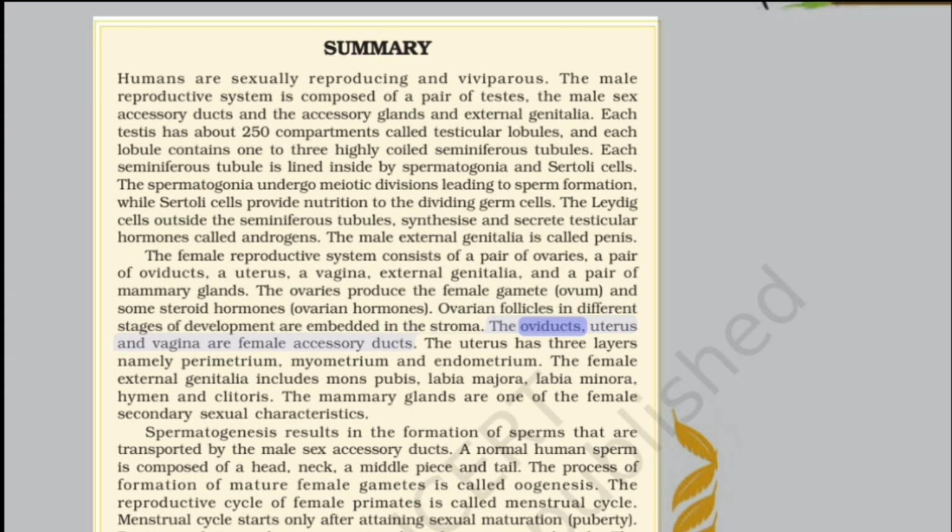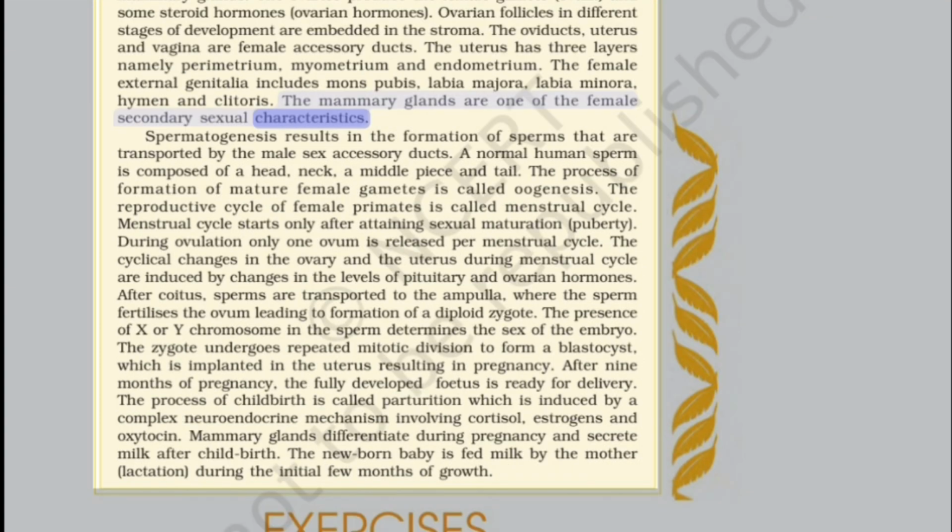The oviducts, uterus, and vagina are female accessory ducts. The uterus has 3 layers, namely perimetrium, myometrium, and endometrium. The female external genitalia includes mons pubis, labia majora, labia minora, hymen, and clitoris. The mammary glands are one of the female secondary sexual characteristics.